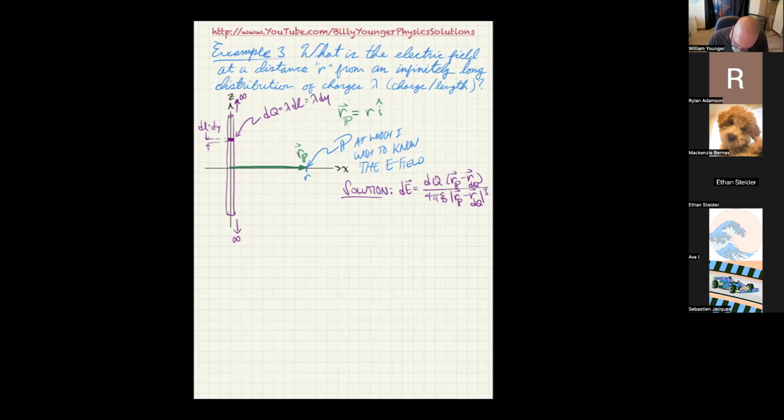And now, since I pointed out the dq, I can also write down what r_dq is. Let's use a blue vector for that one. So here's the vector from the origin that points to dq. So this is the vector r_dq.